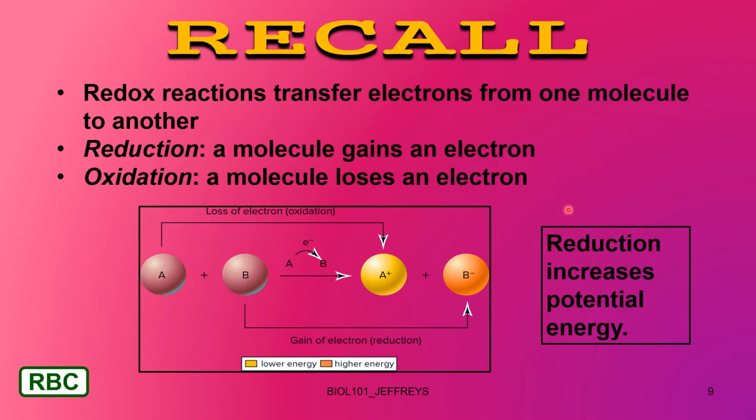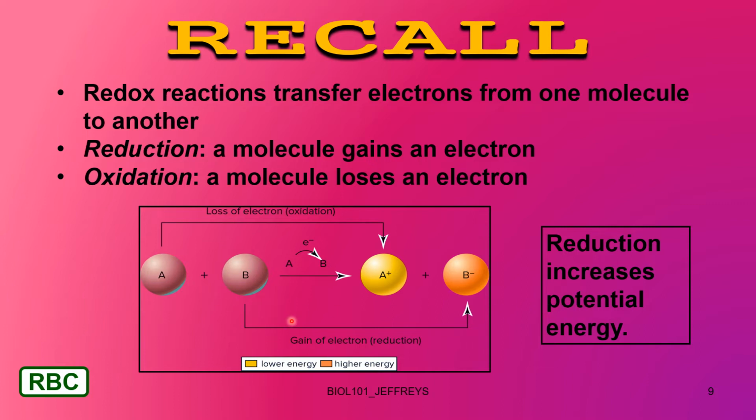So reduction increases the potential energy, right? Because if we gain an electron and become more negative, we now have an extra electron that can interact with another molecule in the milieu. So it becomes more potentially reactive, increasing potential energy.